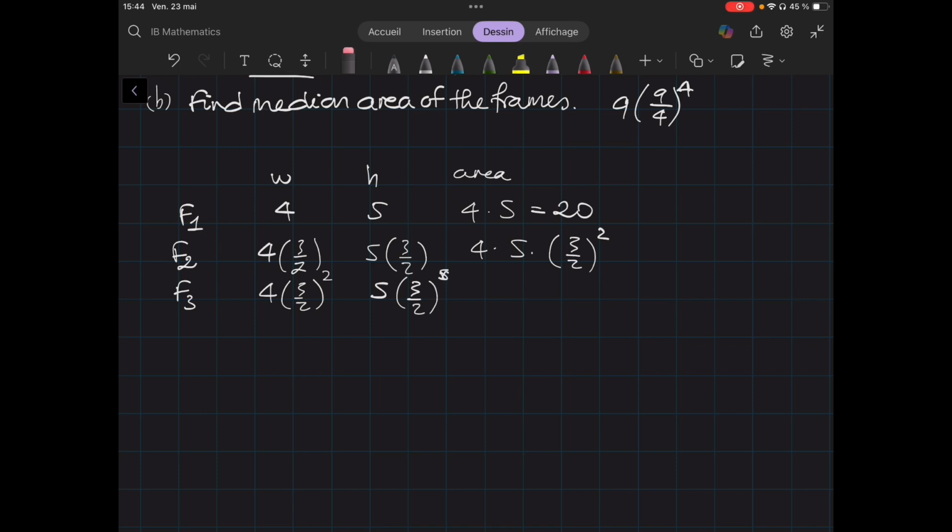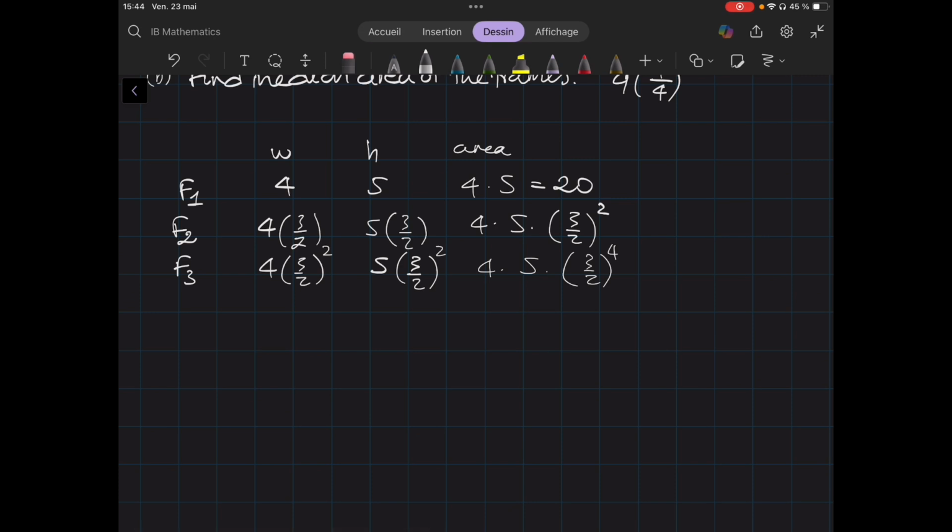So the new area is now 4 times 5 times 3/2 to the 4. And we can see that this is indeed a geometric sequence with first term 20 and a common ratio of 9/4. This means that the area of the frame n is going to be 20 times 9/4 to the n minus 1.